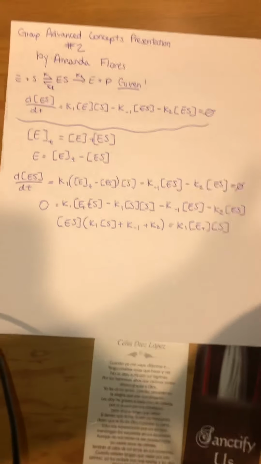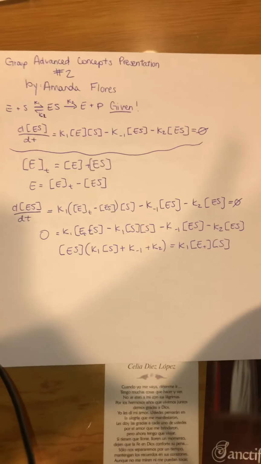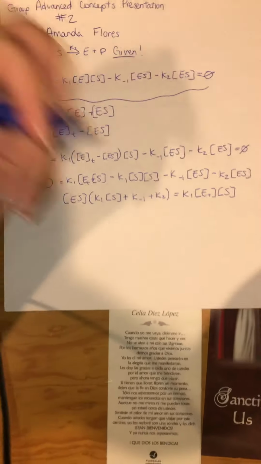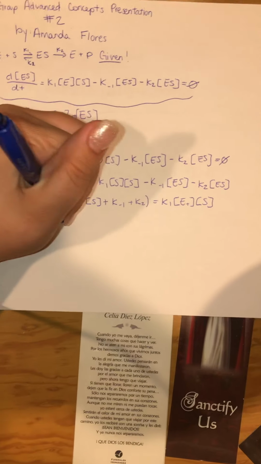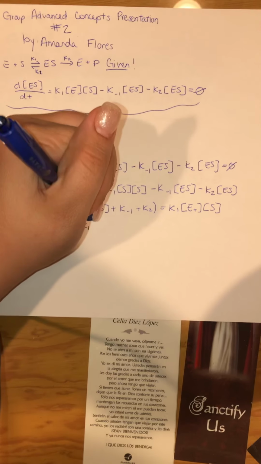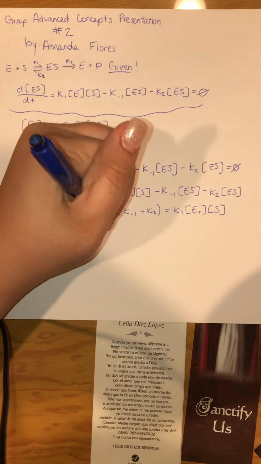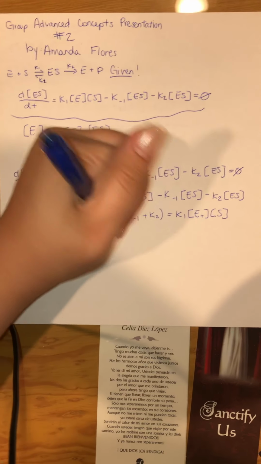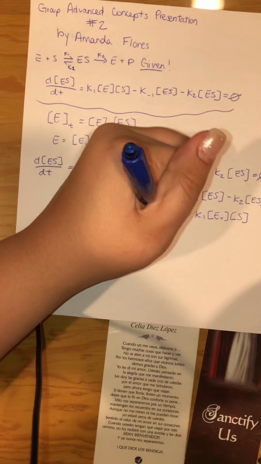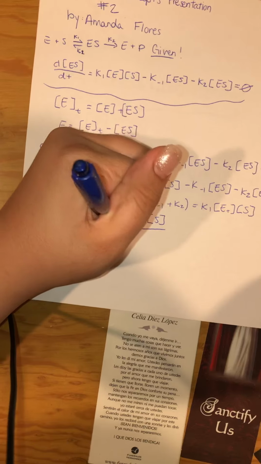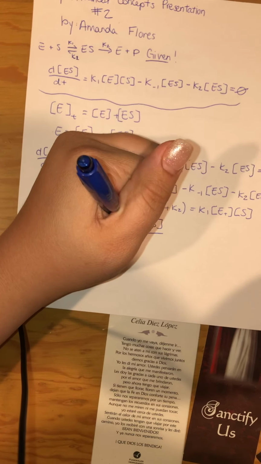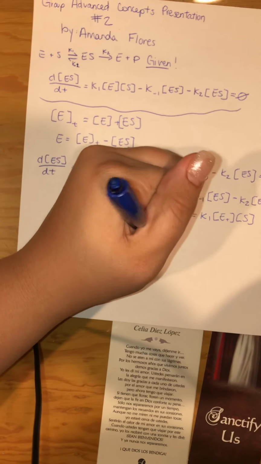So then it becomes E of S is equal to K1 E of T times S over K1 times S plus K negative 1 plus K2.